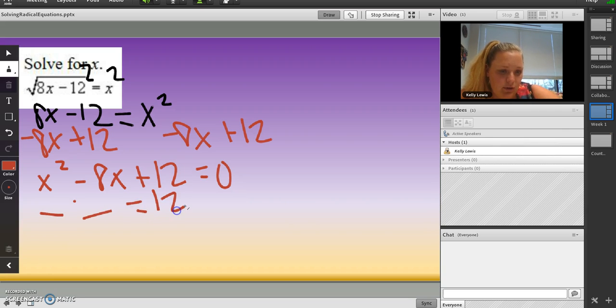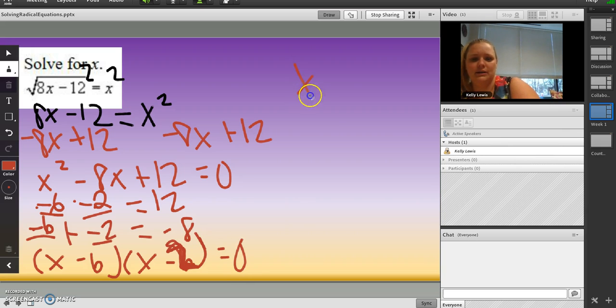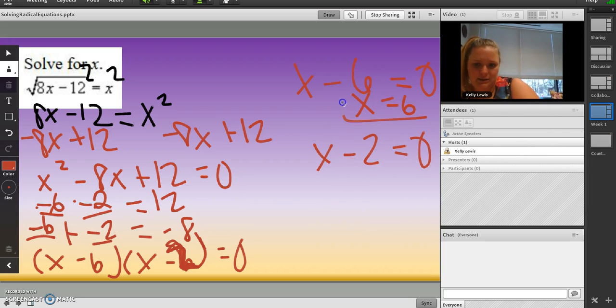Multiplies to give us 12, adds to give us negative 8, negative 6, negative 2. Okay, so I get x minus 6, x minus 2. All right, so x minus 6 equals 0, x minus 2 equals 0. So I'm going to add 6 to both sides. I'm going to add 2 to both sides.